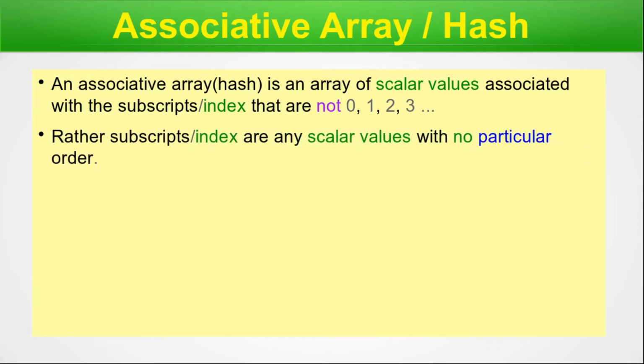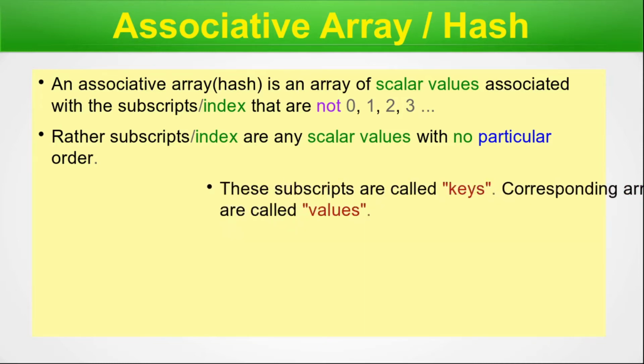Here subscript or indexes are any scalar values with no particular order. That means there could be integers, they could be jumbled up. There could be strings also, okay? Or a mix of integers and strings. So anything could be there as an index.